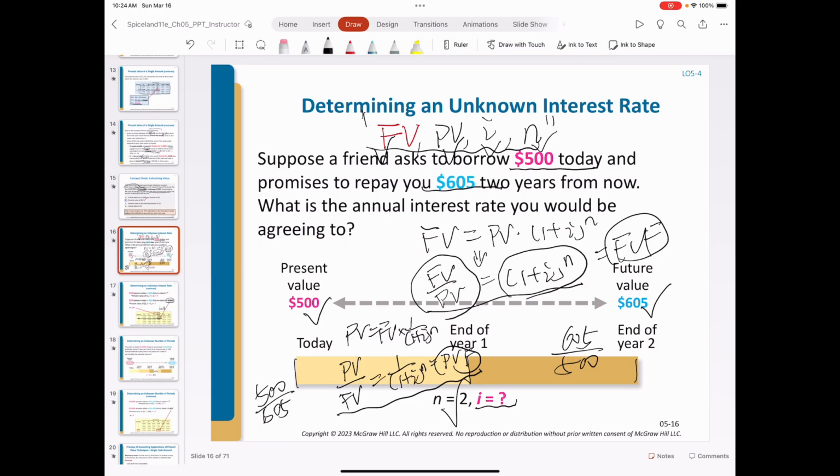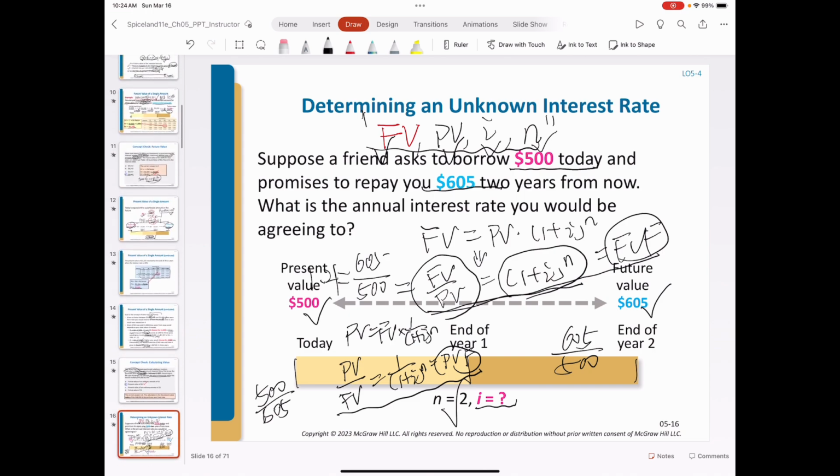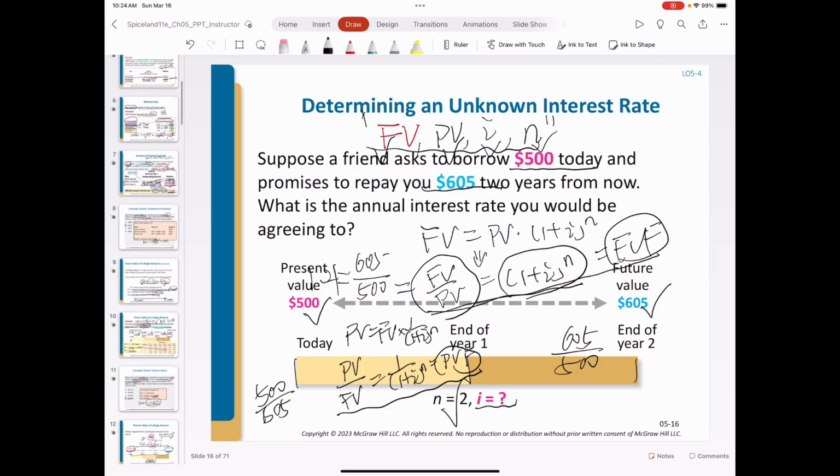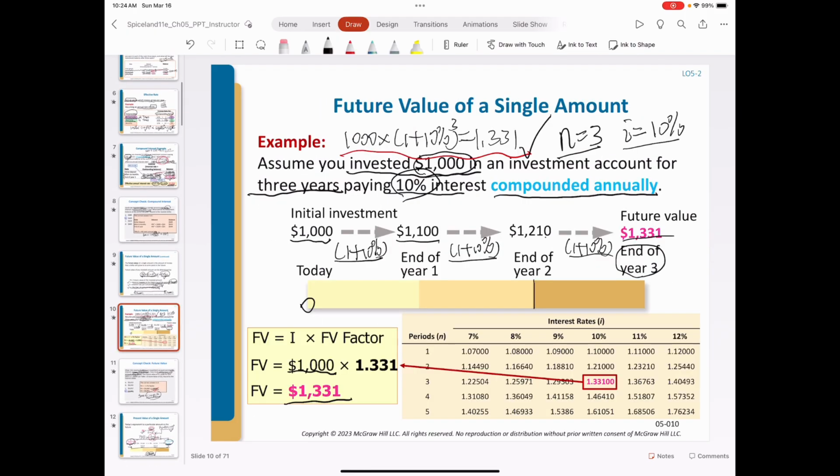Or we can use this formula by calculating the value of 605 divided by 500. It equals 1.21. Then we have the future value factor table here on slide 10.